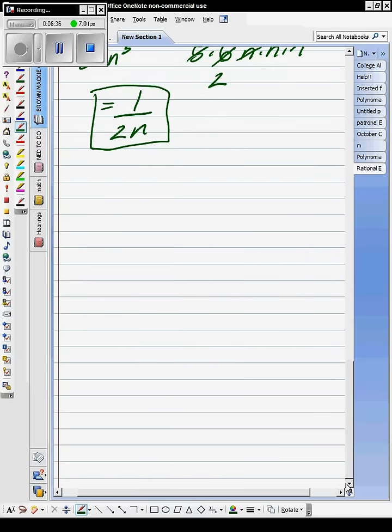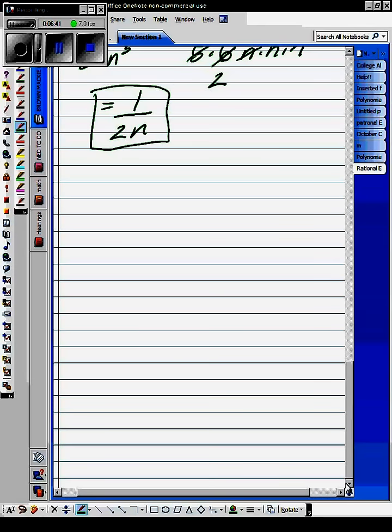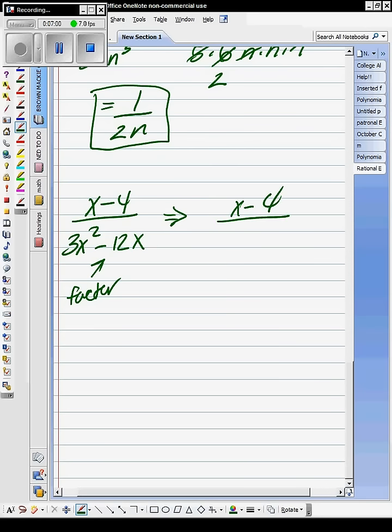Let's get into more detail here. Let's say I have x minus 4 over 3x squared minus 12x. Well, if I want to simplify the expression, I need to factor this. So this would be x minus 4 in our numerator, and here I realize I can factor out a 3 and an x.